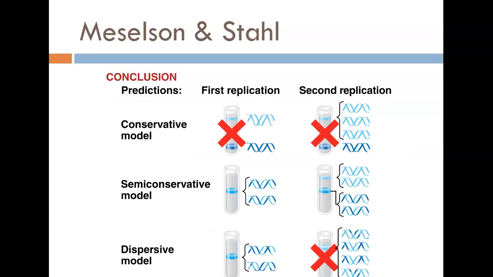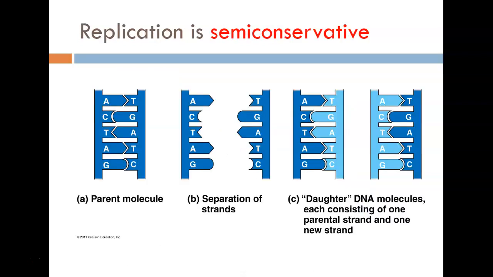And based on that, they were then able to come up with the true idea of semi-conservative. So here's what that looks like in another picture form. The daughter cells, again, have one half of the parent strand and one that has been newly synthesized.